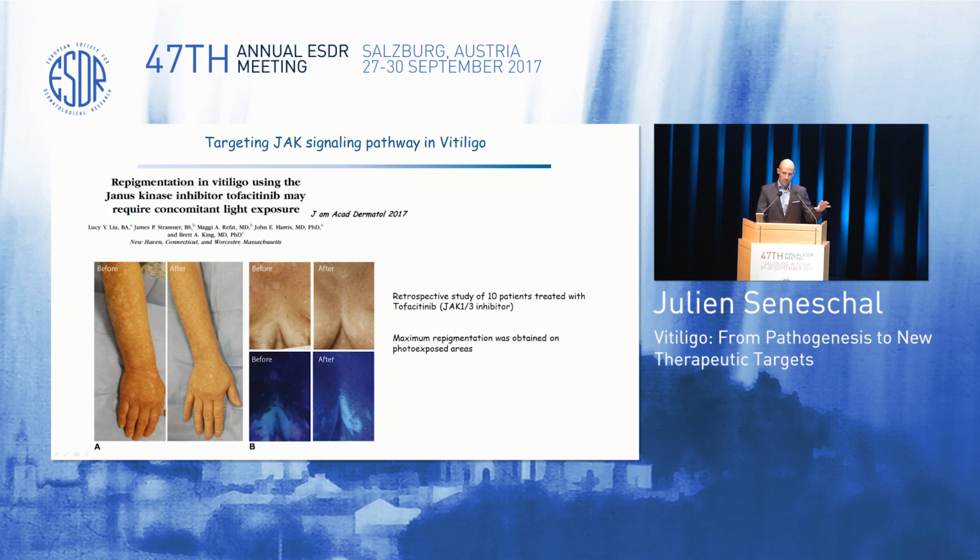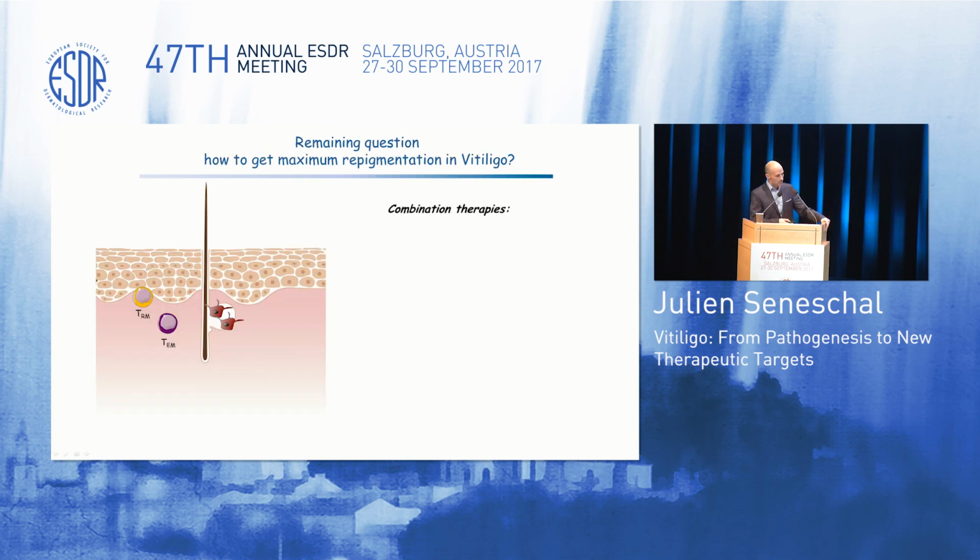But when you look at the patients who got the maximum response, the sites that responded were the sites exposed to UV light, suggesting that probably, in contrast to other chronic diseases where you start an anti-inflammatory drug, in vitiligo you will probably need combination therapies.